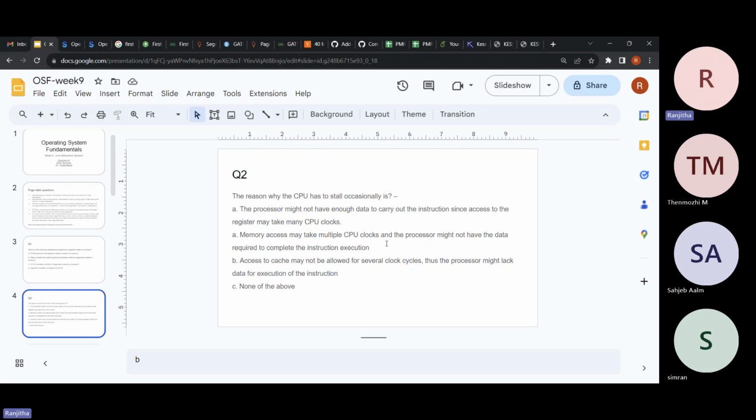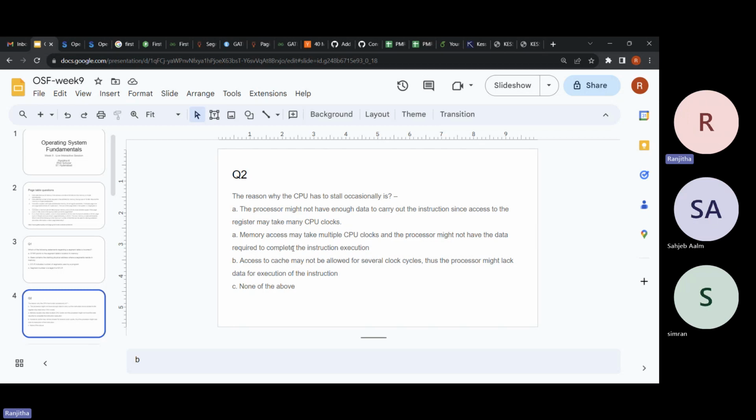So why does the processor need to stall in between? Is it because reading the register takes more CPU cycles? Actually, a register read takes only one CPU cycle. Cache also does not take multiple CPU cycles. So here the answer is actually B, because memory access, as we've seen, takes multiple cycles.